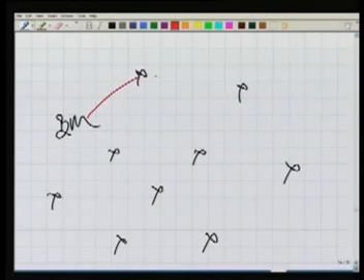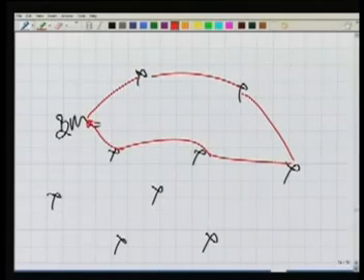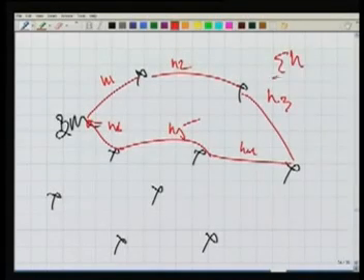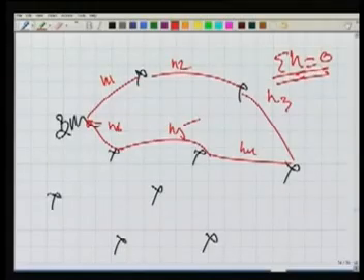I would like to go like this in steps and close it. Whatever the values here, H1, H2, H3, H4, H5 and H6 are the differences in elevation. So sigma of all these H should be equal to 0 with the proper sign, because I started from a point and reached the same point, and the sum of the differences in elevation should be 0.